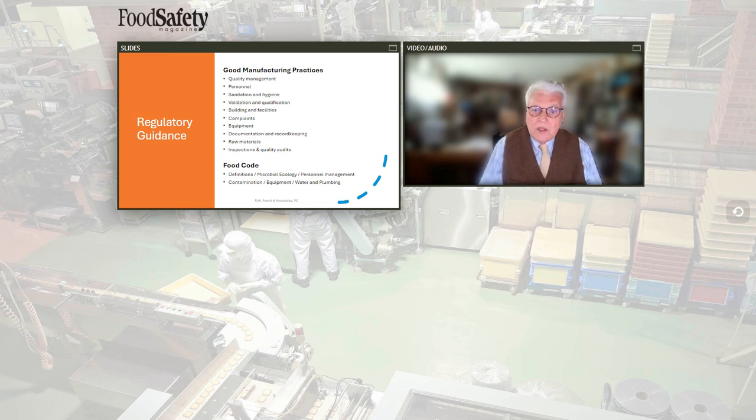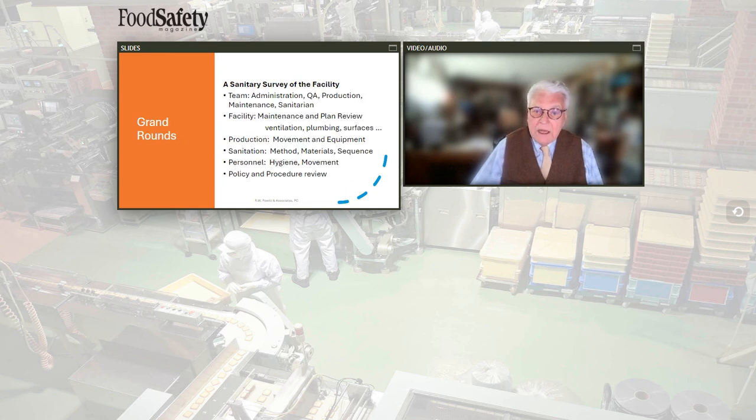So with the GMP and the Food Code, what I do next is interesting, and it's worked. It's doing a sanitary survey of the facility. In the hospital, when you're looking at patients or physicians looking at patients, what they do often with students and personnel, like nursing staff, they do grand rounds.